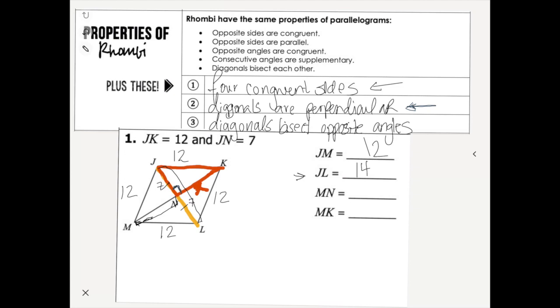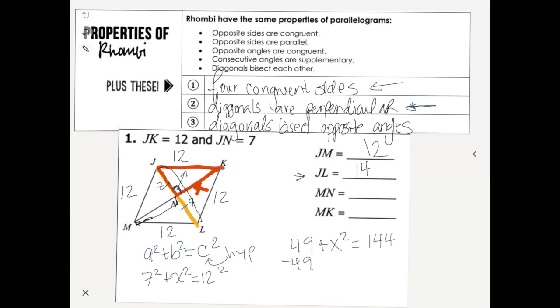So I'm going to use Pythagorean theorem. A squared plus B squared equals C squared, where C squared is my hypotenuse. Remember, the hypotenuse is always across from 90-degree angle. So that means that 12 is the hypotenuse. So we have 7 squared plus X squared is equal to 12 squared. So we have 49 plus X squared is equal to 144.